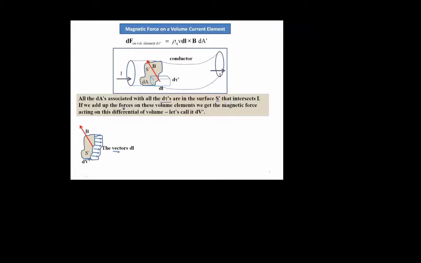So if we add up the forces on each of these volume elements, we get the magnetic force acting on a differential of volume that looks like this, because we've got a dl, we've got a surface S prime, and we displacement along dl, and we make dl small enough that this surface back here also subtends the conductor. So we have a charge contained in here.